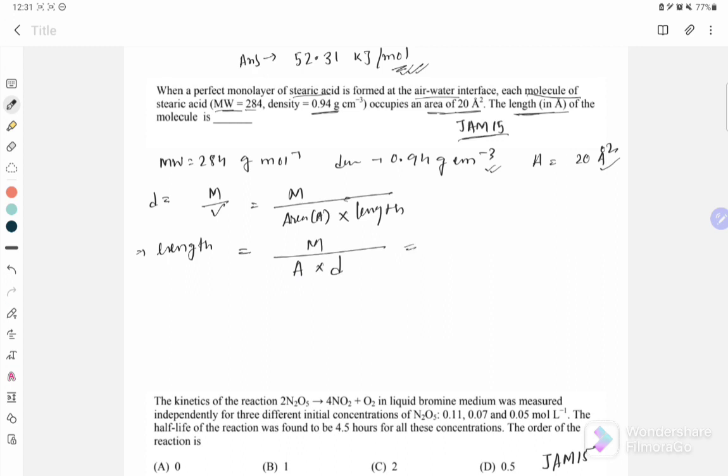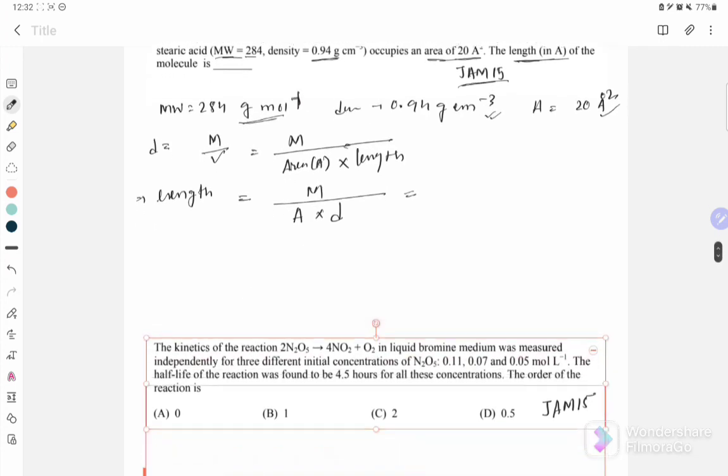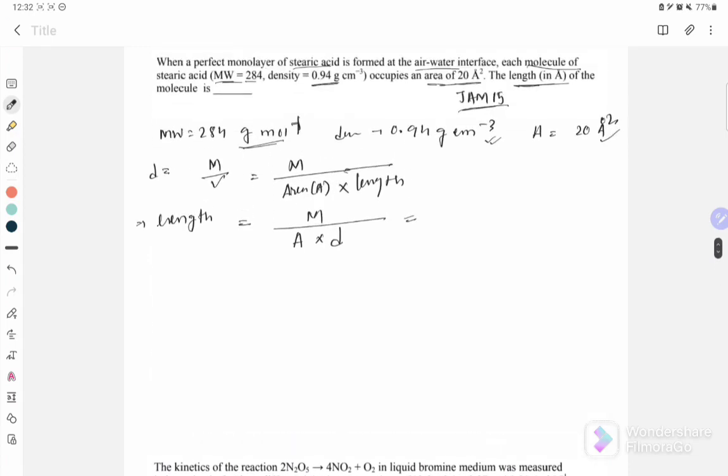Take care about the units. Now m is 284 gram per mole, and mole is 6.023 into 10 to the power 23.